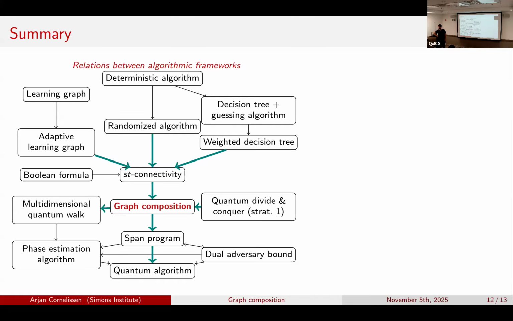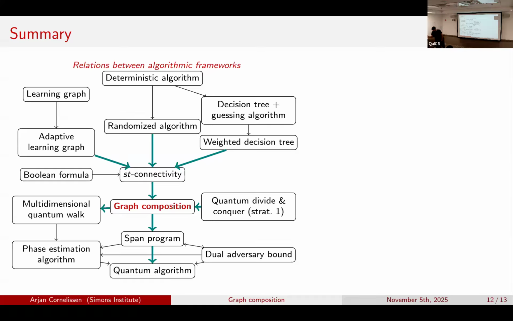Before, there was a randomized version of the decision tree framework, but it was constructed to fit what randomized algorithms are. But here, with ST connectivity, we really didn't do anything to the framework. We just showed that randomized algorithms fit in it, with no modifications. That's what I'm very excited about.